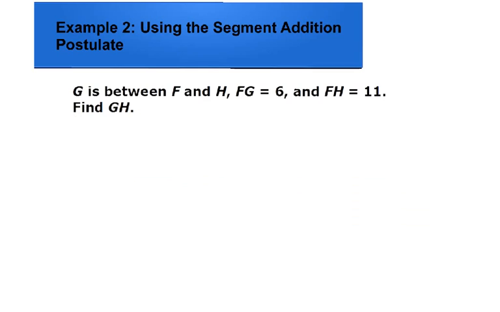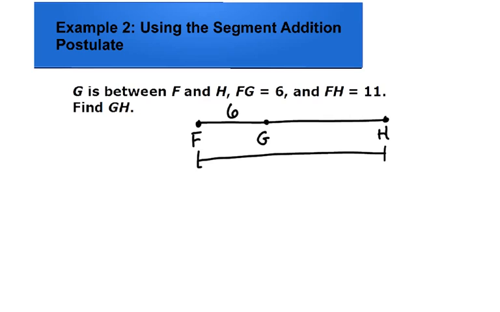Here we have G is between F and H. FG is equal to 6, FH is equal to 11. Find GH. If we look at this in a drawing real quick, G is between F and H, FG is 6, and FH, this whole thing here, is 11.